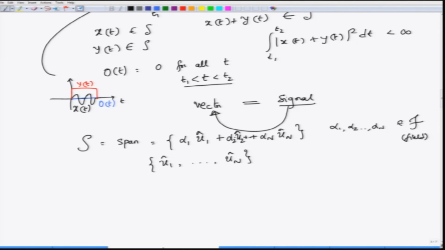We say that all those vectors which are built up as the linear combination of this.